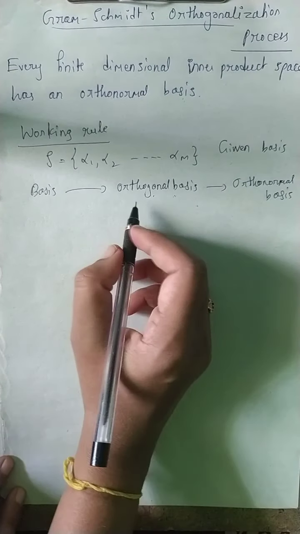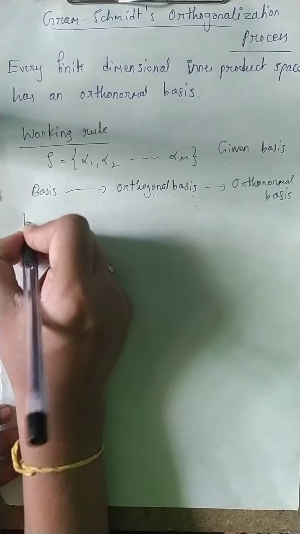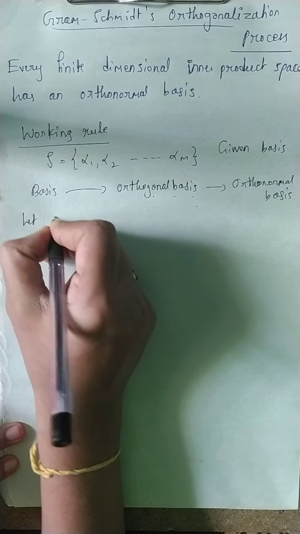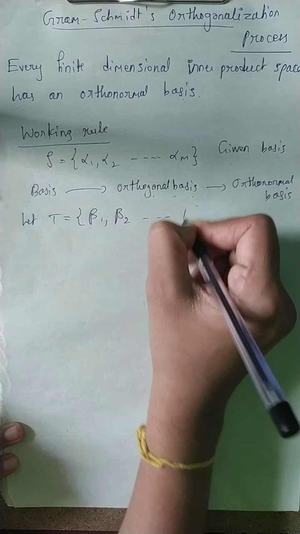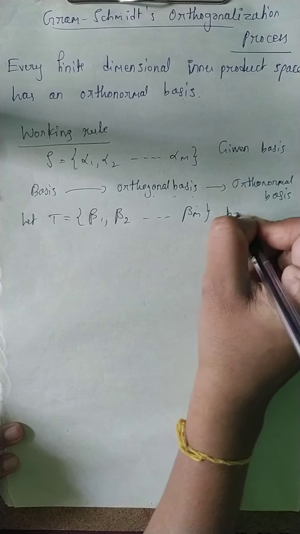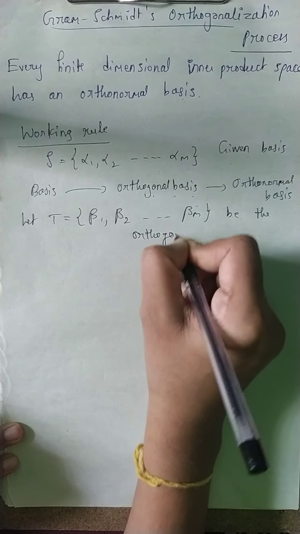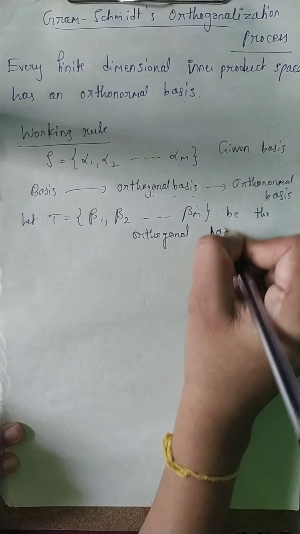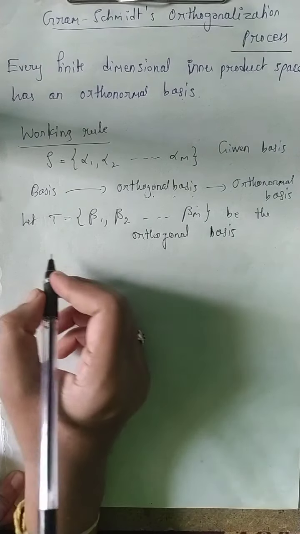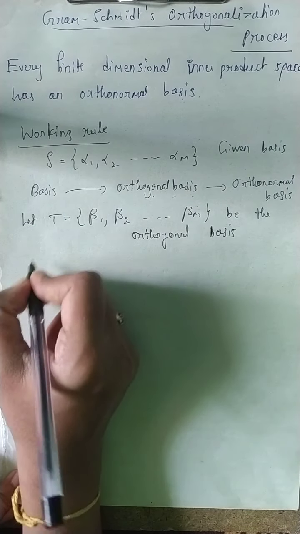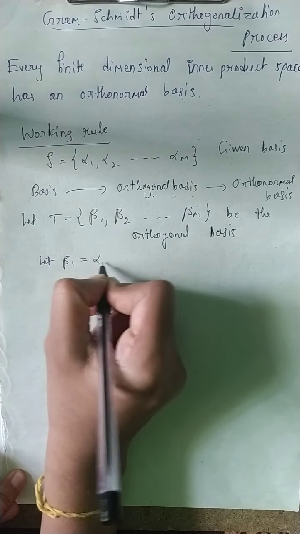Now we have the procedure to find the orthogonal basis. Let T which is equal to beta 1, beta 2, so on up to beta m be the orthogonal basis. So now the working rule is: let beta 1 is equal to alpha 1.